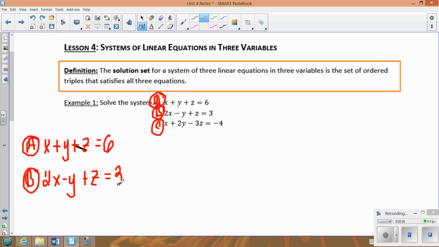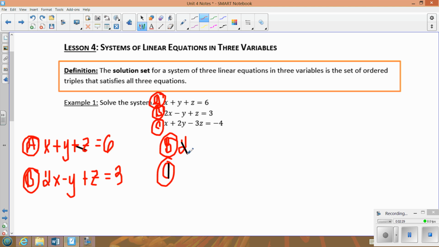And what I need to do is eliminate some variable in this set of equations, and it's going to have to be the same variable that I choose to eliminate with B and C. So basically you're going to eliminate the same variable in A and B as you do in B and C.